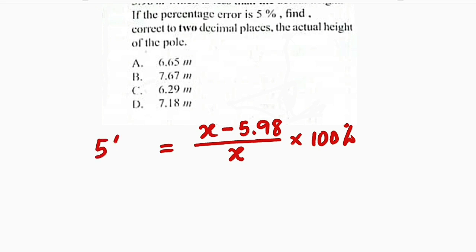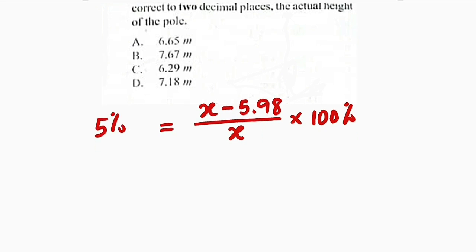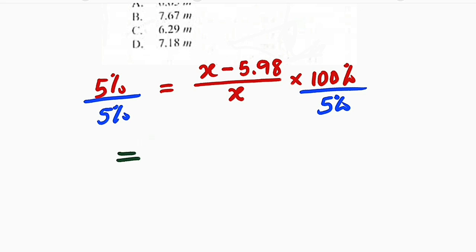Percentage error is 5%. We are dealing with objective questions, so we don't have to show everything. So we can divide both sides by 5%. To the left hand side, we have 1. And that 1 can be multiplied by X if you cross multiply, right?